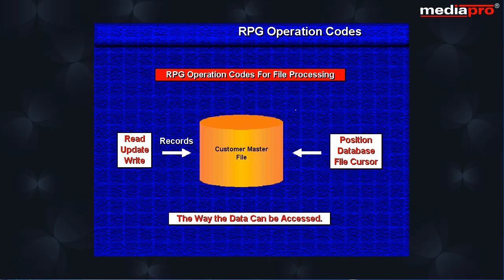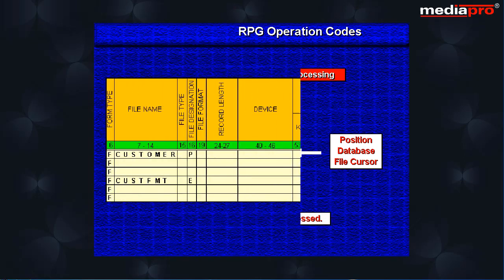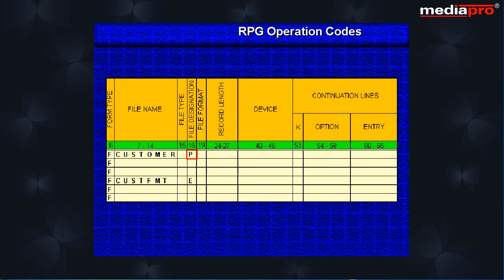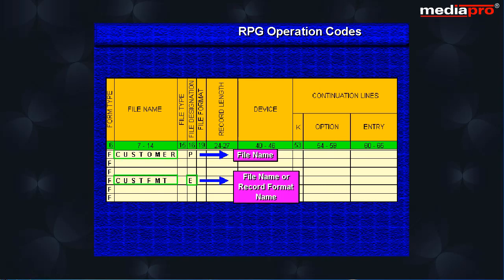One important point to remember here is how the data can be accessed. With program described files, we use the file name, whereas in the case of externally described files, we can use either the file name or the record format name.